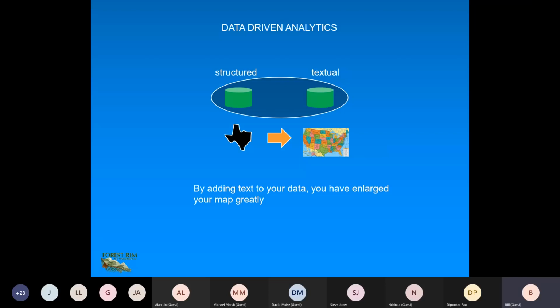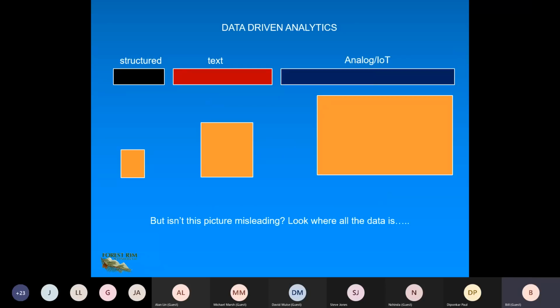If we have a map of data-driven technology for structured data the size of Texas, when we add textual data, now we've added Massachusetts and California and Oregon and Washington and Iowa and Indiana and all of the other states to the union. By taking our structured data and adding textual data to it, it means that we can do data-driven analytics in a fashion that we've never been able to do before.